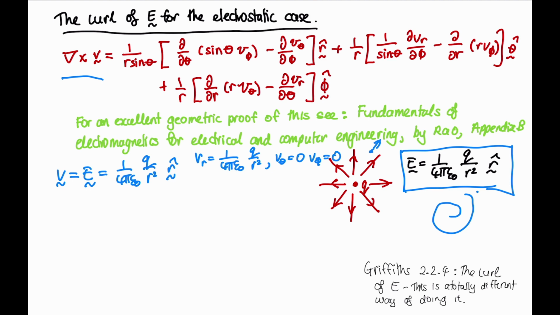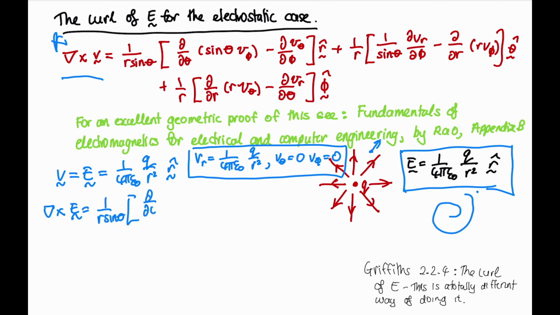So now what we can do is substitute these components up into our expression up here. And in that case, we've got del cross E is equal to 1 over r sine theta, we've got d theta of V phi sine theta, and this thing here is going to be 0, so that's 0. And then we've got minus d phi of V theta, which is 0, and this is in the r direction, so in the r direction it's 0.